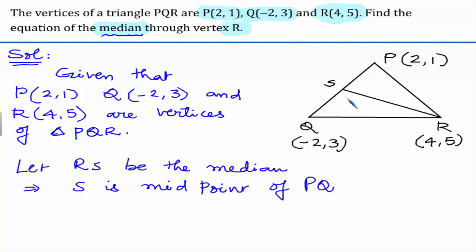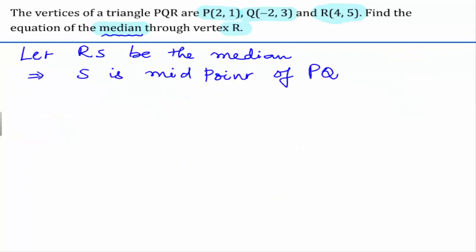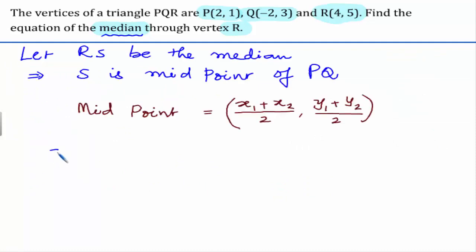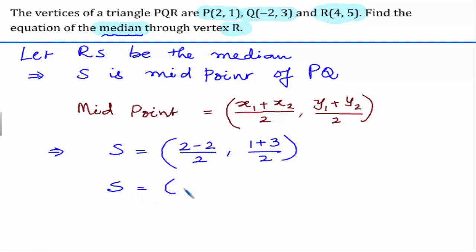So now we have to find out the point S. Using S and R, we have to find out the equation of SR. Now let us find out the coordinates of S using the midpoint formula. That is (2 minus 2) by 2 and (1 plus 3) by 2. So S will be now (0, 2).